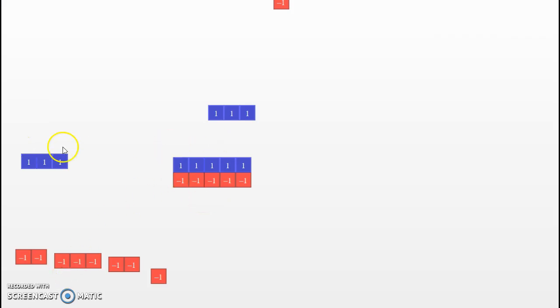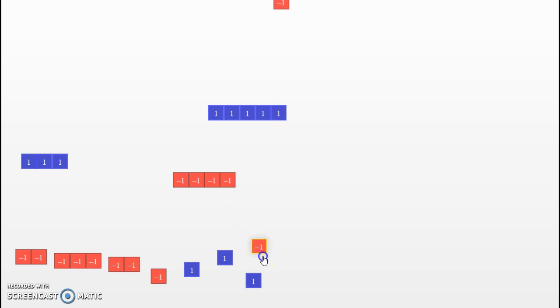Okay, so we started with 3 plus a +2. And then we have -5, take away -2. So when I take away -2, I'm left with -3.